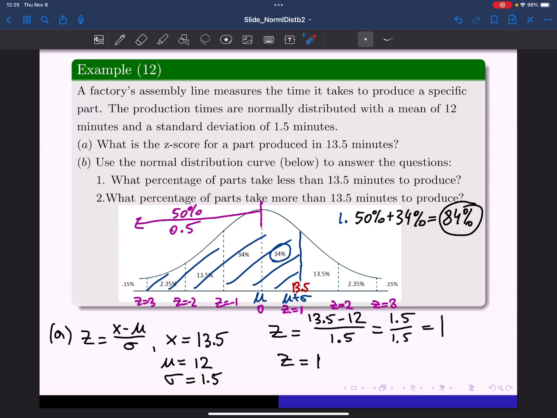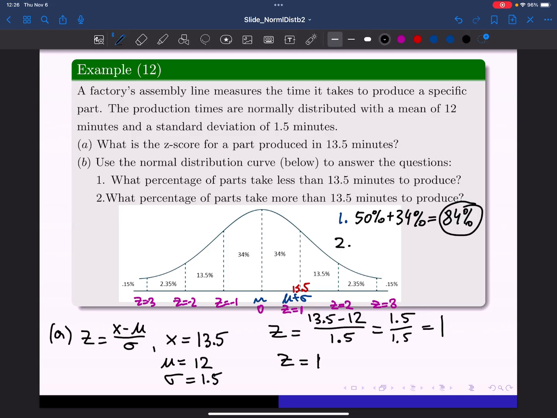This is the area that is less than. Now they ask me to find, for the second question, what percentage would be more than 13.5. More than 13.5 would be the area to the right. In that case, I know that this area is 34, and I know that half of the data, normally distributed, is to the right, so it would be 50%, and we subtract 34%.